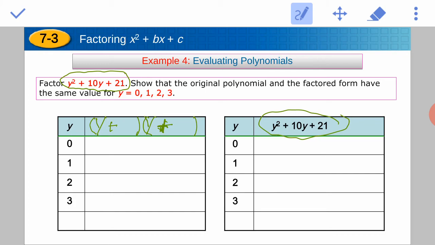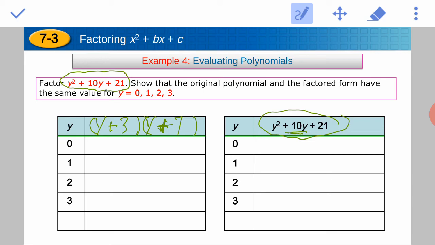Which one gives us a sum of 10? The middle term is always our guide. Why sum in this situation? Because the two signs are the same. If the two signs are different, we look for the difference, not the sum. So 3 times 7 gives a sum of 10. Where do I place 3 and where do I place 7? Anywhere. It doesn't make any difference in this situation.